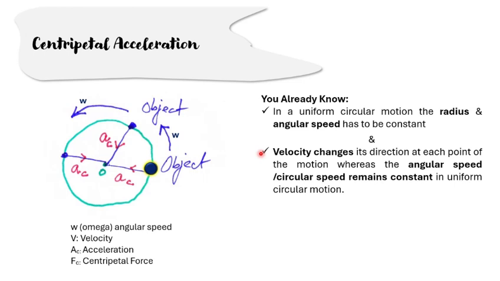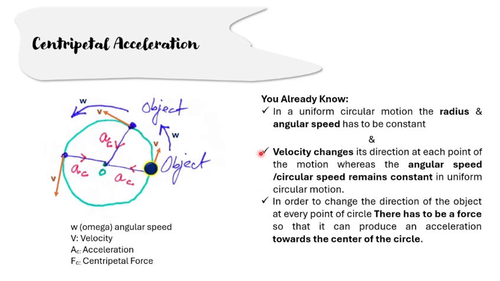Velocity changes its direction in circular motion at each and every point of the motion, whereas the angular speed or the circular speed remains constant in uniform circular motion. At the same time, in order to change the direction of the object at every point of the circle, there has got to be a force so that it can produce an acceleration towards the center of the circle.